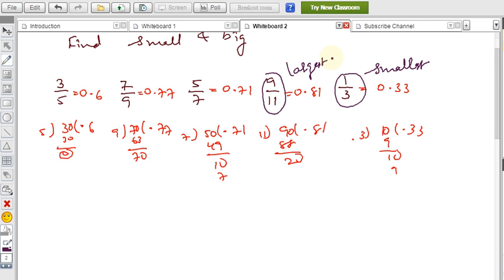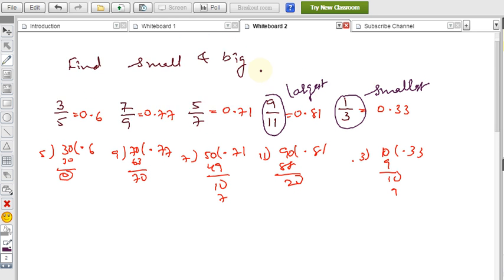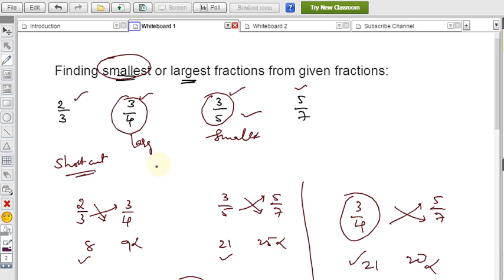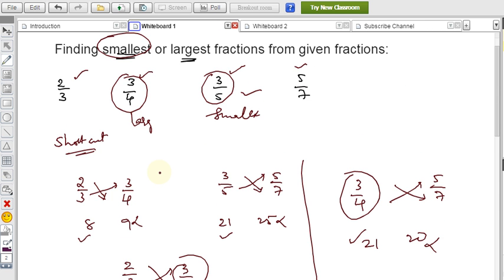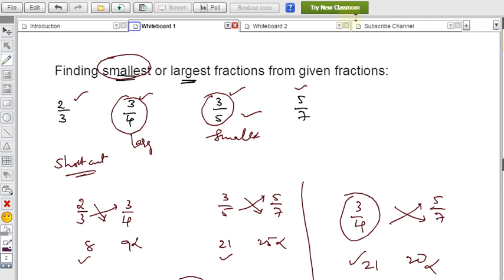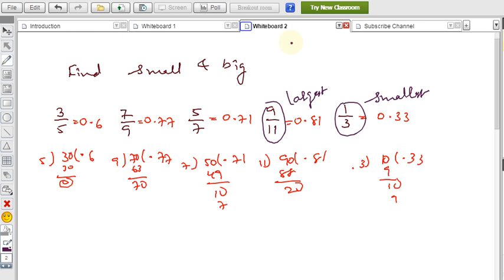So this is also one of the methods. By division also we can do, and the previous one is by cross multiplication, taking 2 sets. We can do this shortcut trick according to the problems.